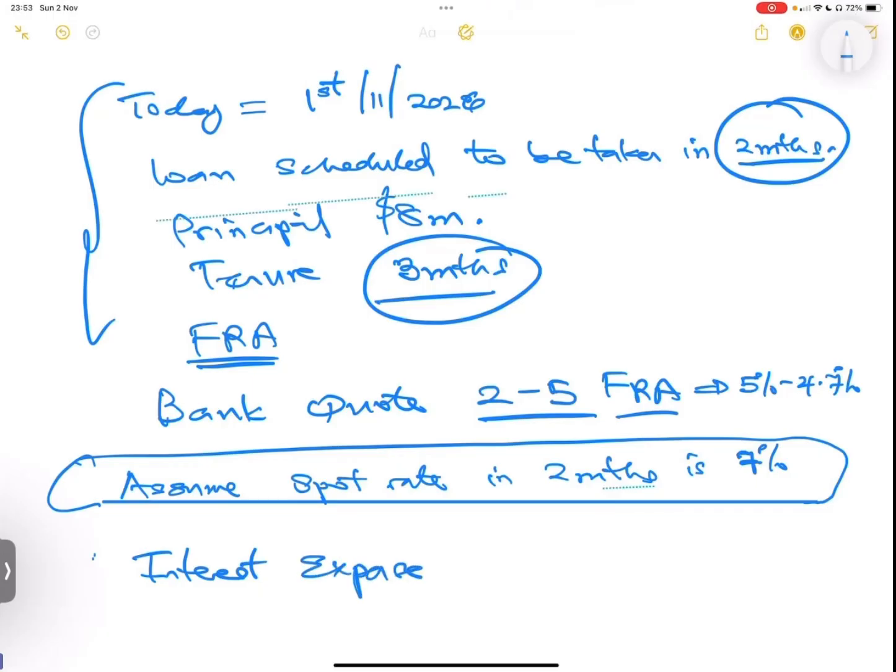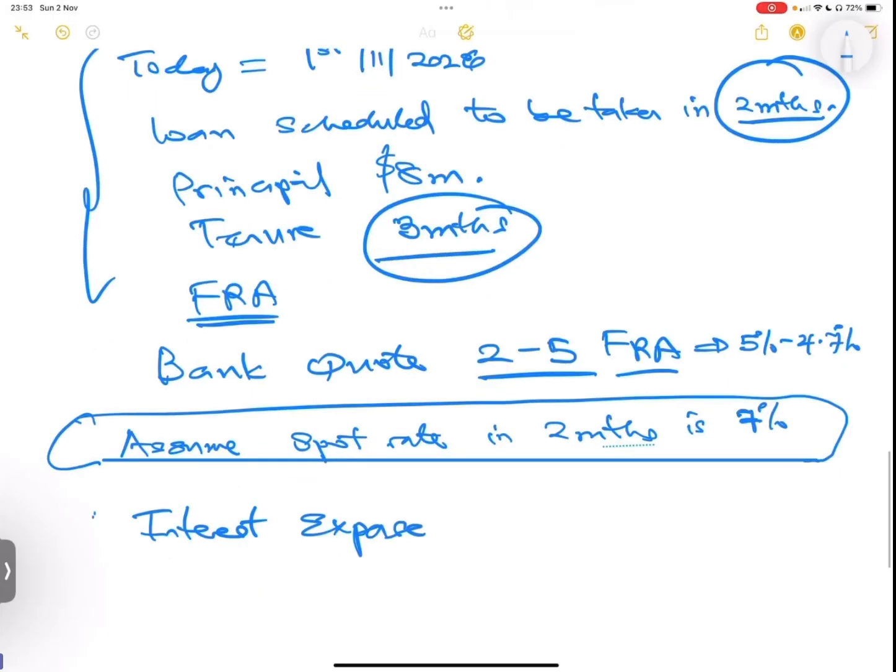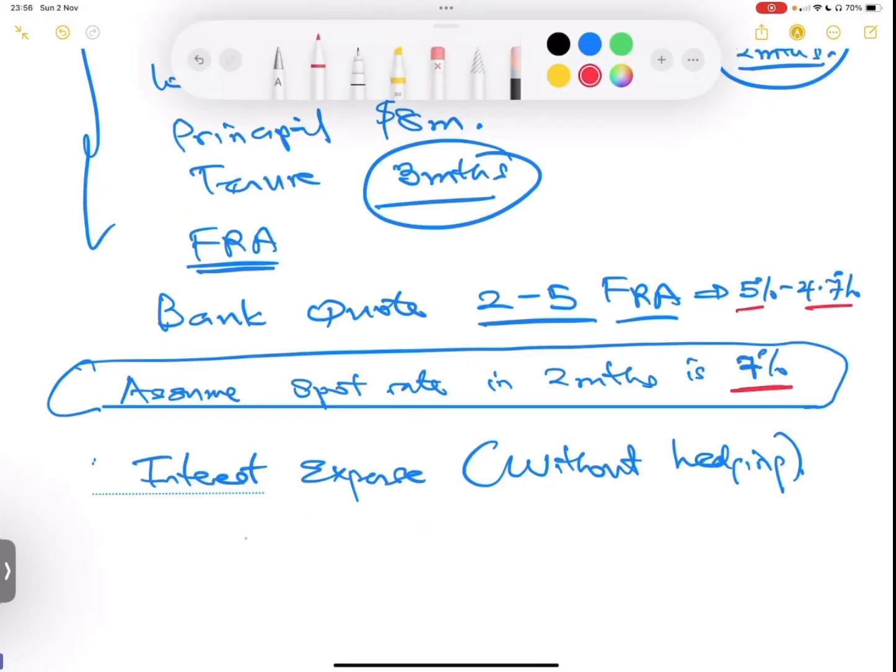Because you need to see the scenario without hedging to know whether the hedging is even helpful itself. So let's say interest expense without hedging.